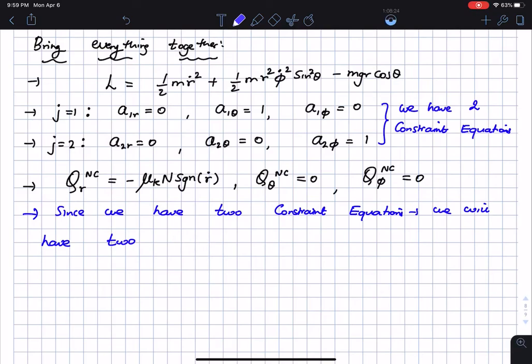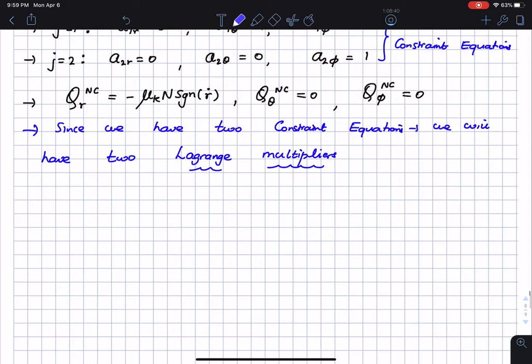So the number of Lagrange multipliers is always equal to the number of constraint equations. Typically, the number of constraints is equal to the number of multipliers.